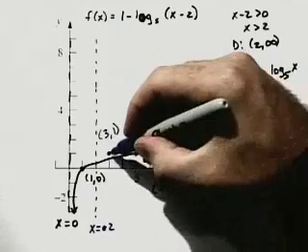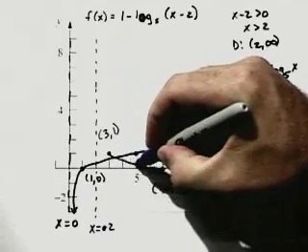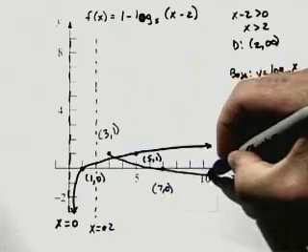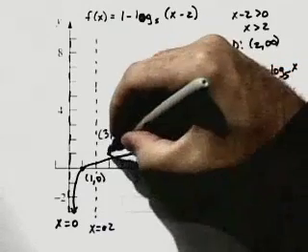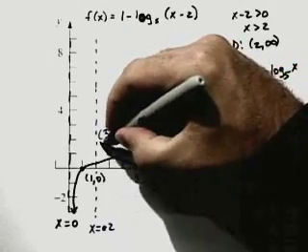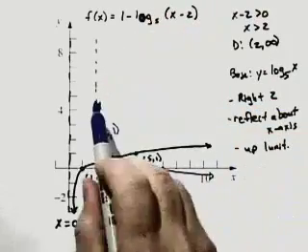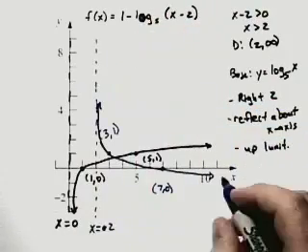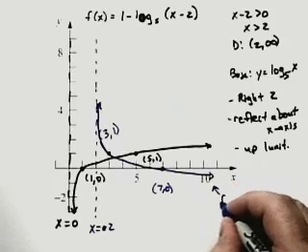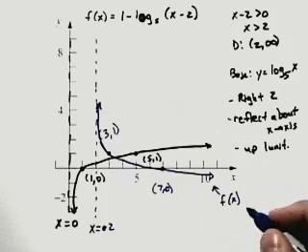We're going to go ahead and connect our 2 points, extend our graph. And as we go towards the left again, we approach our vertical asymptote. So here we have the graph of f of x.